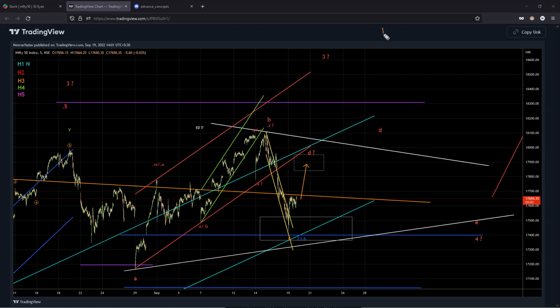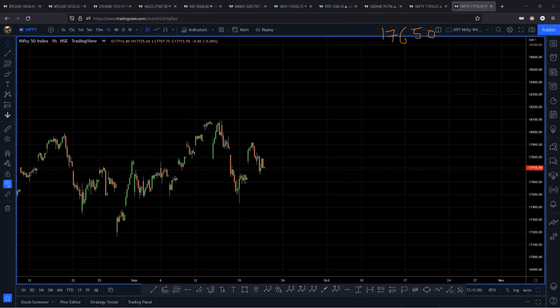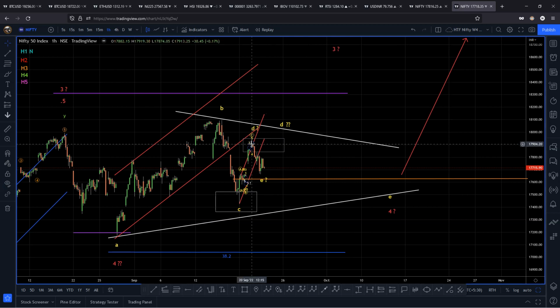From 17,650 we were expecting upside, as discussed in the public webinar. You can check the recording on YouTube. From 17,650, which was somewhere here, we did see a move to the white box, and the market actually reversed from within this resistance zone. So that analysis played out picture perfect.